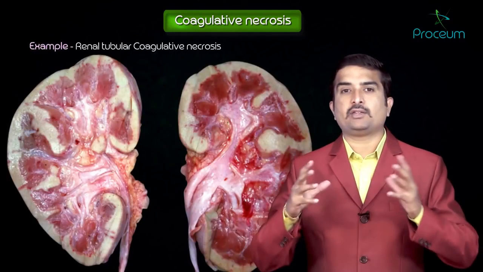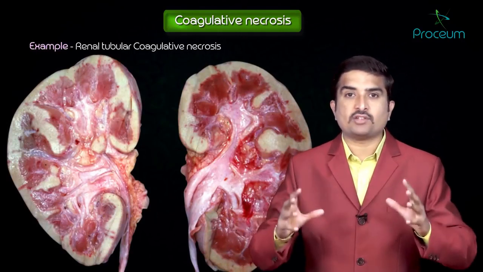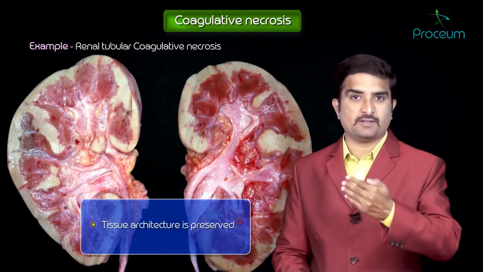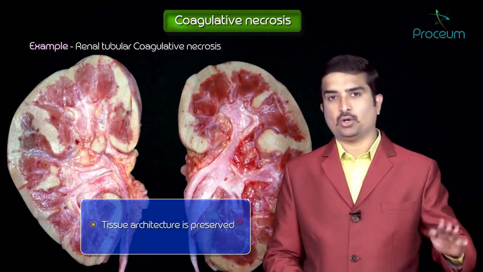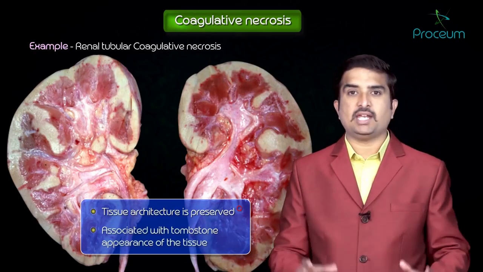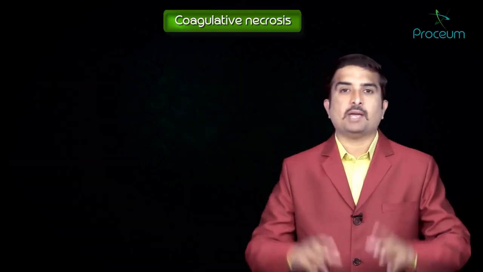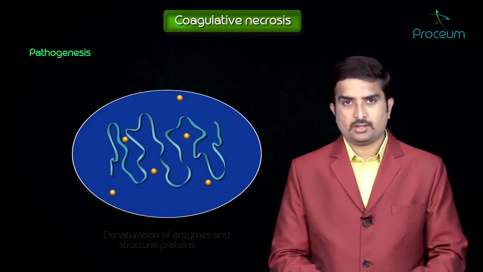And in coagulative necrosis, an important morphological feature you should know is that tissue architecture is preserved, where it is not damaged at all. And it is associated with the tombstone appearance of the tissue. What about the pathogenesis?